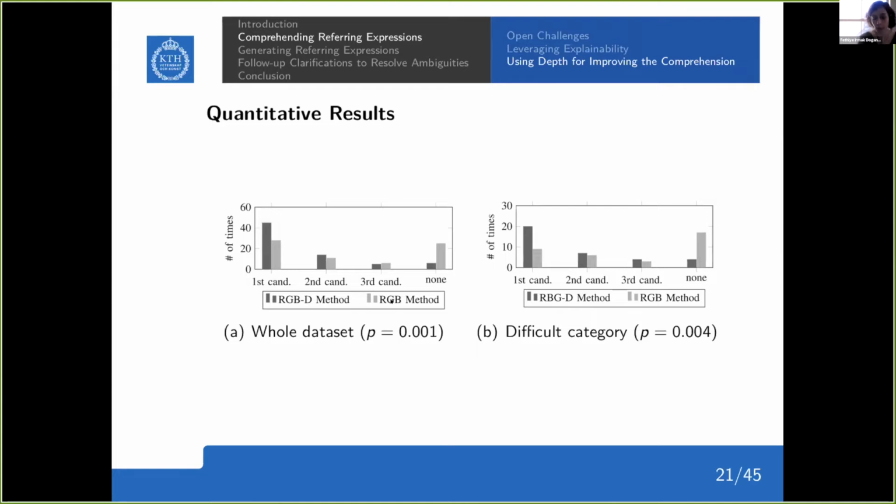And also in the difficult category, we observed that depth features improve the comprehension. However, we didn't observe any significant differences for the easy category, which was expected because the easy category contained depth-independent features. So using depth, either in the RGBD method or the RGB method, didn't change the performance in that case.